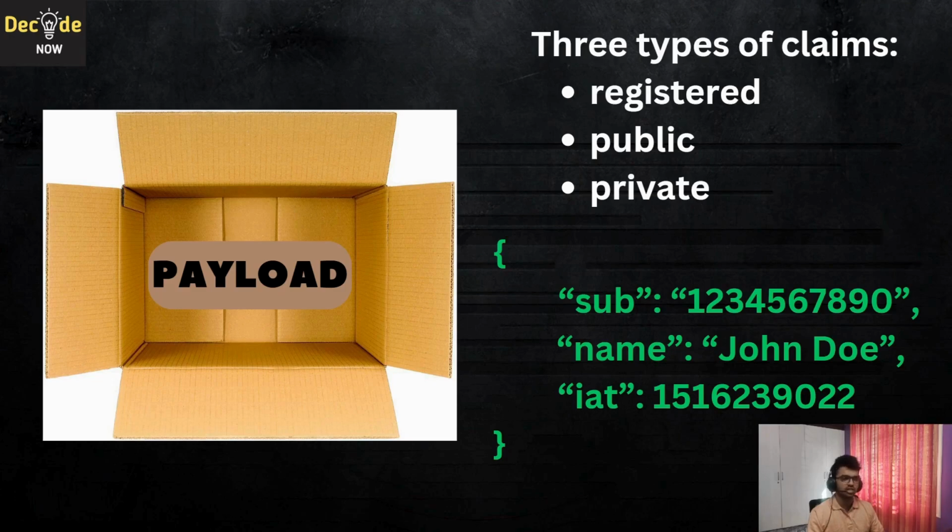These claims are just examples. You can include additional claims as needed for your application. And also one thing you have to notice, the claims in this payload provide information about the user or the operation for which the token was issued. However, it's important to note that the payload is not encrypted, but just base64 URL encoded.